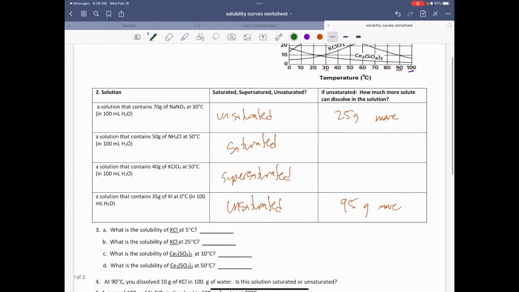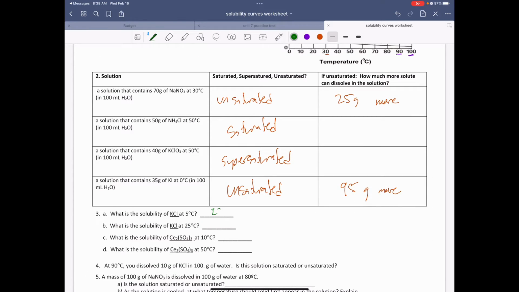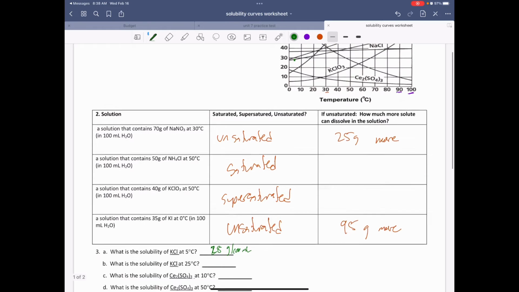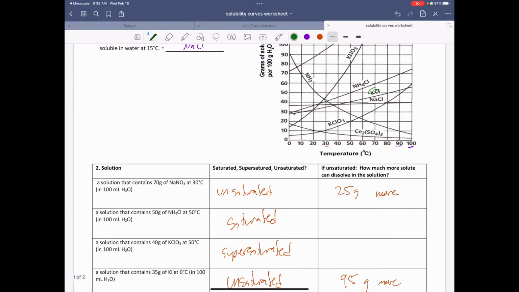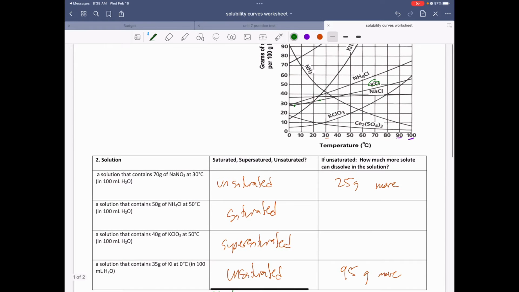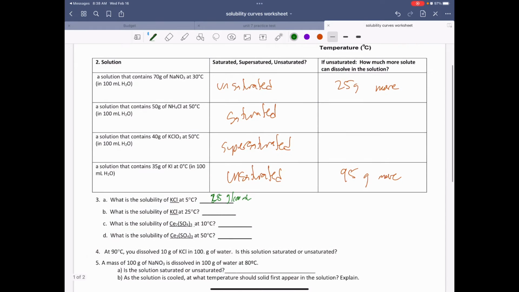I'll ballpark that at 28. 28 grams per 100 milliliters. What's the solubility at 25 degrees? Same line, 25 degrees. That's going to be approximately right here. It looks like around 35, a little less, like 34. 34 grams per 100 milliliters.